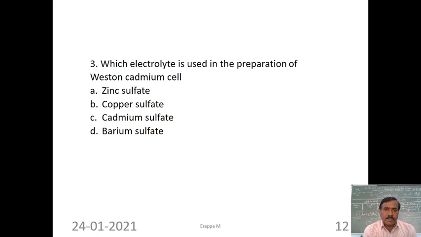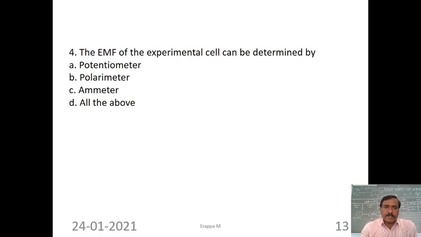In explaining the construction of the Weston cadmium cell, both the limbs are filled with a saturated solution of the electrolyte. That electrolyte is C, cadmium sulfate. The answer is cadmium sulfate.